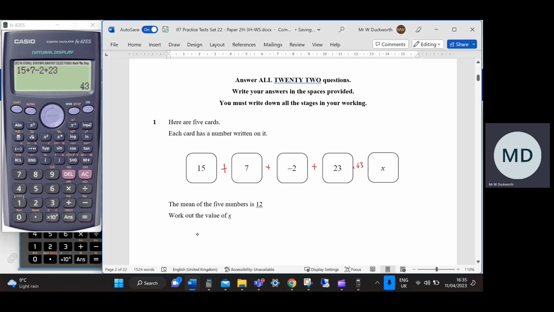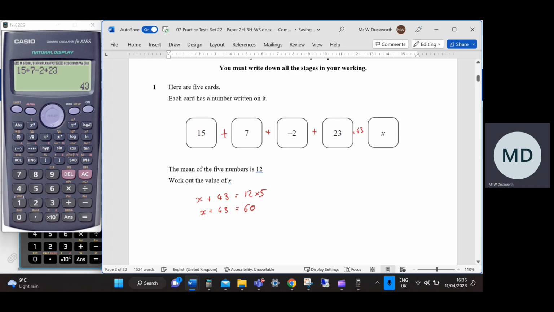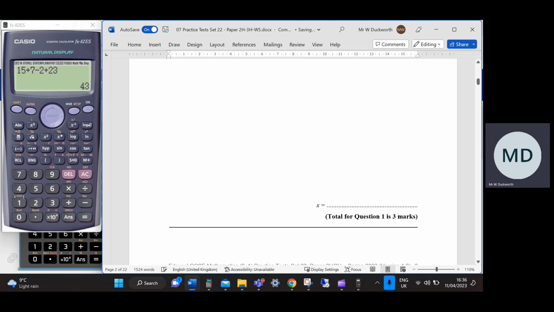So in effect, X plus 43 has to be equal to 12 times 5. So X plus 43 has to be equal to 60. So X has got to be equal to 17. So I'm going X is equal to 17.